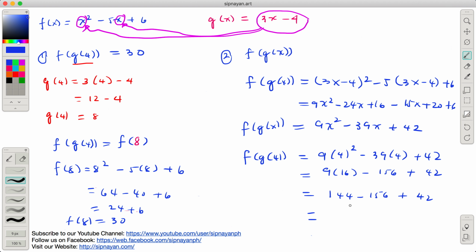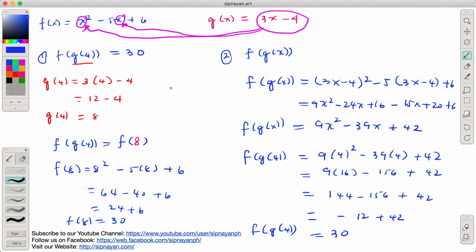Ang 144 minus 156, this is negative 12, di ba? So this is negative 12 plus 42. Tama naman tayo. So f of g of 4 equals 30. Therefore, tama tayo.